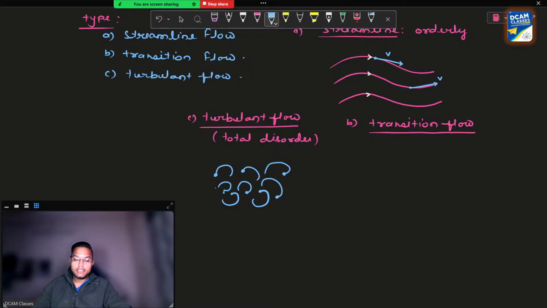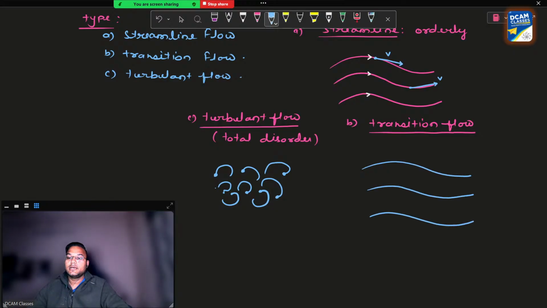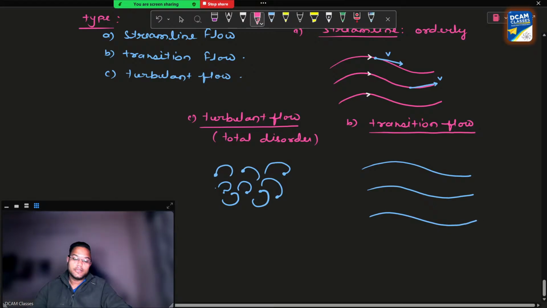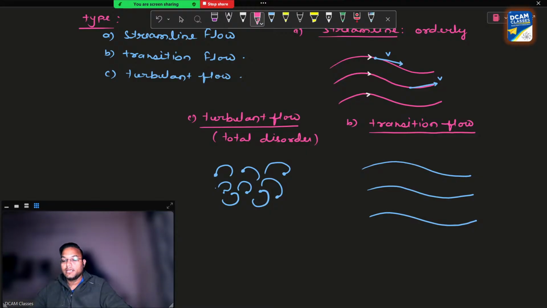What is this transition flow? It's somewhat laminar and somewhat turbulent. It's that stage when the flow is changing from the laminar or orderly flow to the turbulent flow totally. It's like this.